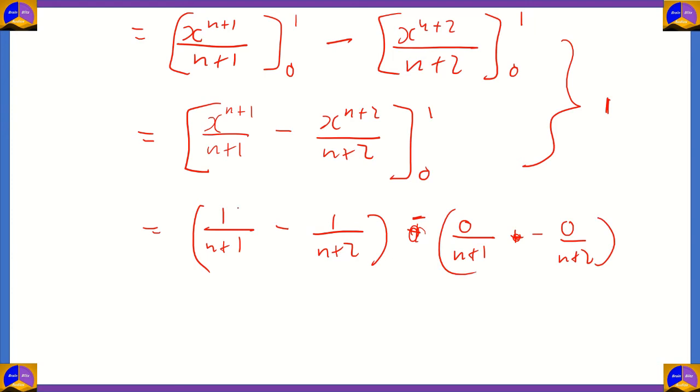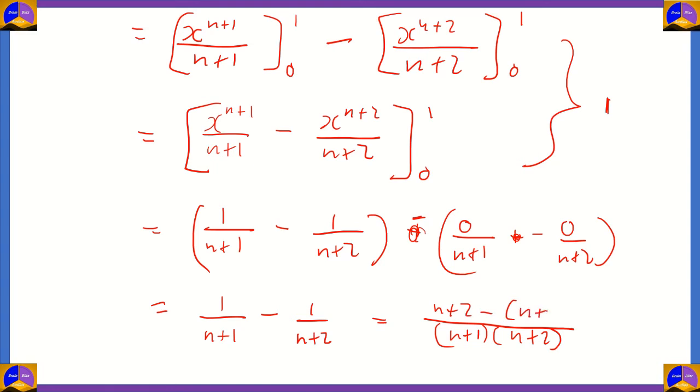The right-hand bracket becomes 0, and the left bracket becomes 1 by n plus 1 minus 1 by n plus 2, for which we're going to take the LCM, which is n plus 1 times n plus 2. So the numerator will become n plus 2 minus, in bracket, n plus 1. So that becomes n plus 2 minus n minus 1 divided by n plus 1 times n plus 2.